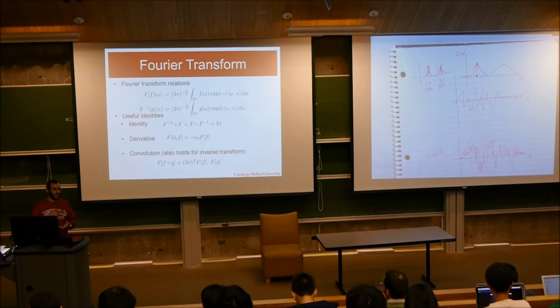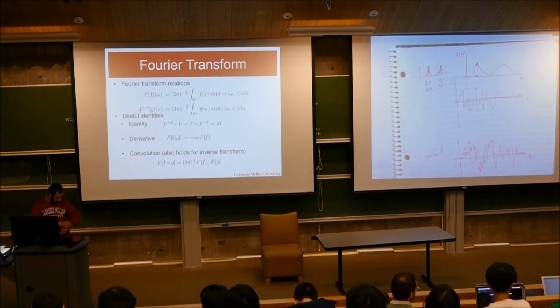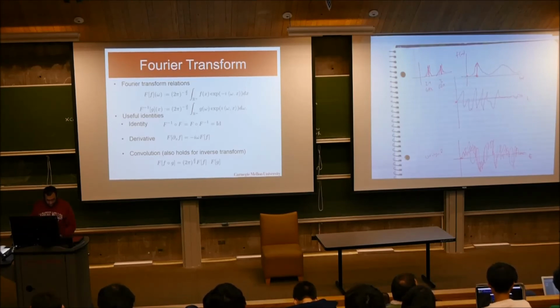This transformation is unique, so it preserves all information, in the sense that there's an inverse transform, and if you apply the inverse transform, you get back your signal. Also, a nice thing is that the Fourier transform of the derivative of f is minus i w times the Fourier transform of f.